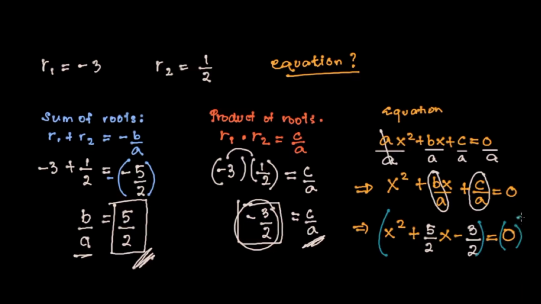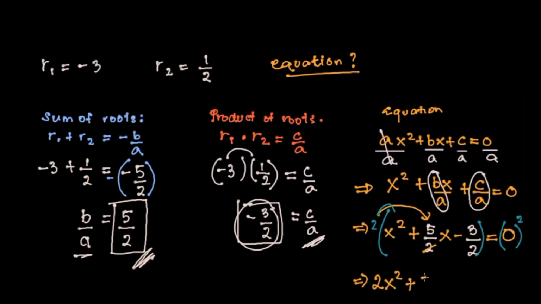Ayan, lagyan natin ng space. 2 times 0, and then 2 times x squared. Okay? So, that is 2x squared. 2 times 5 over 2, what is that equal to? Correct.